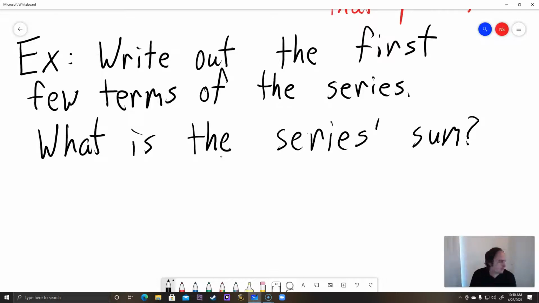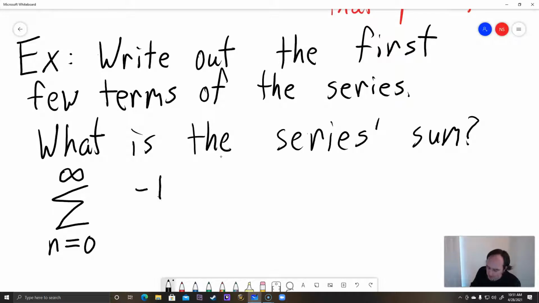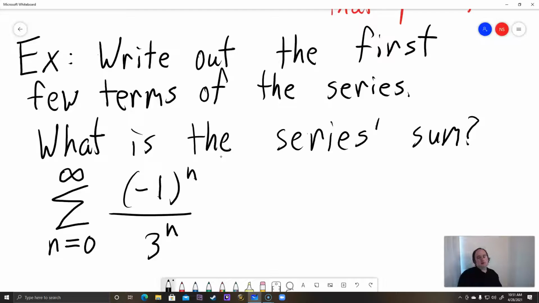Okay, and for this example, we're going to be doing the sum from n equals 0 to infinity of (-1)^n over 3^n. So the way we know this is a series and not a sequence is it actually has this big thing that looks kind of like an E, but not quite.